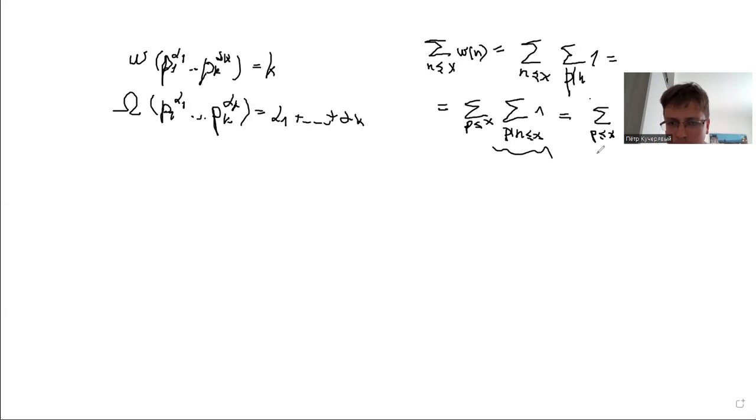How many such numbers are there? x divided by p. But not only this, the integer part, yes?